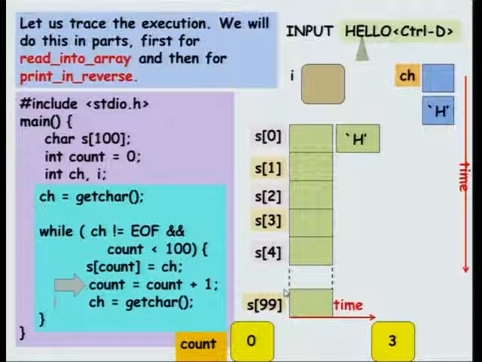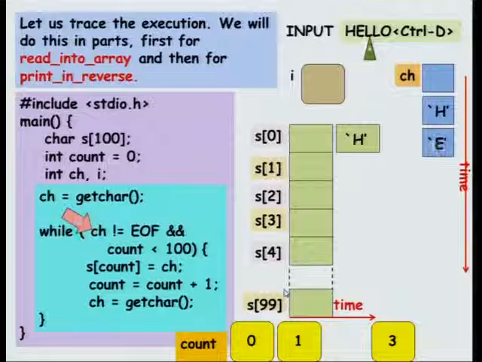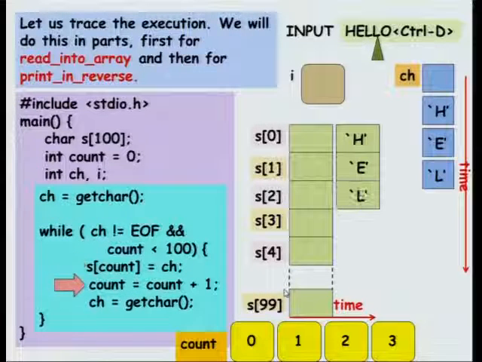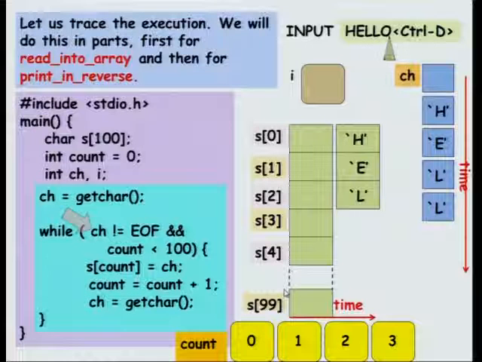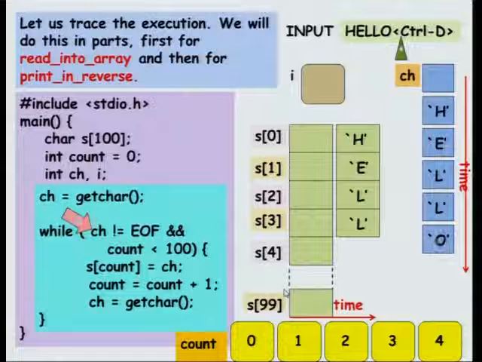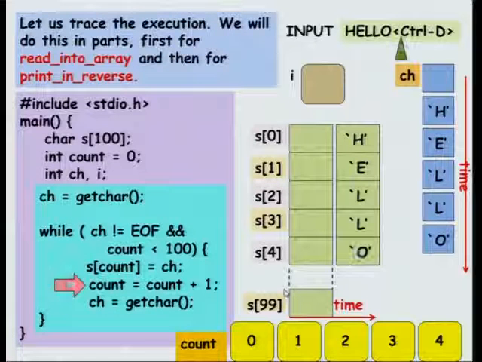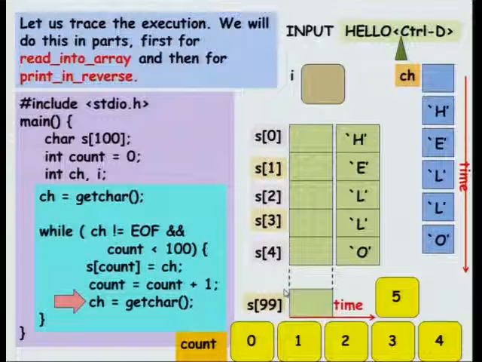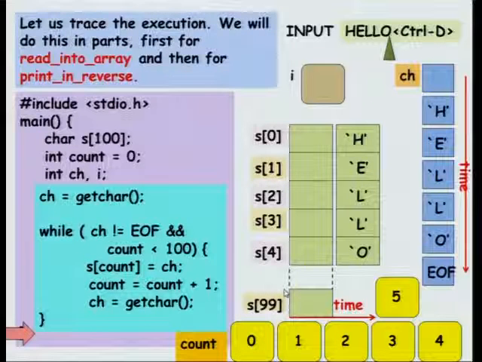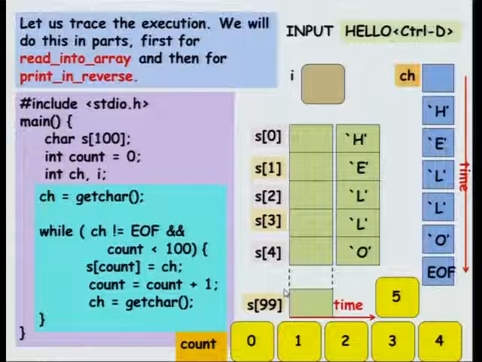S0 will be H, and then S1 will be E, and so on. Once ch becomes Ctrl D, the end of file character, you will exit the loop. Okay. So the character array is hello.